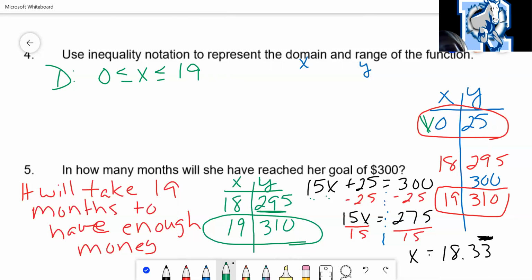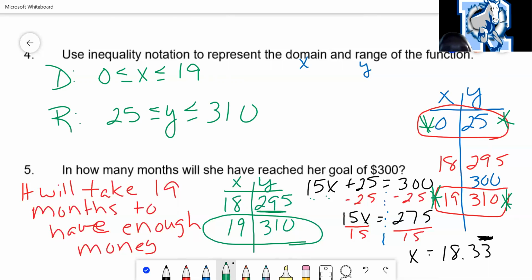Because at 0 months is what we start with, and it takes 19 months to have enough money. Now my range is going to be from 25, because that's what we start with, to 310. So 25 less than or equal to y, less than or equal to 310. And that's what we need to have for this.